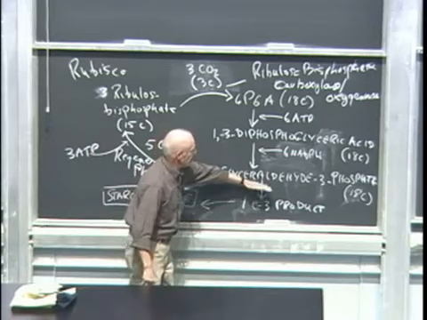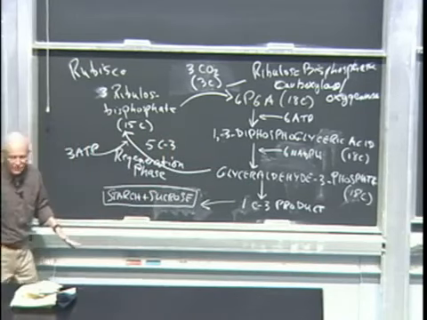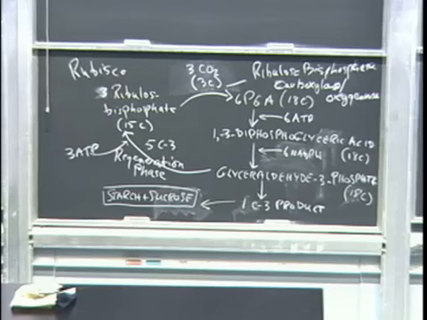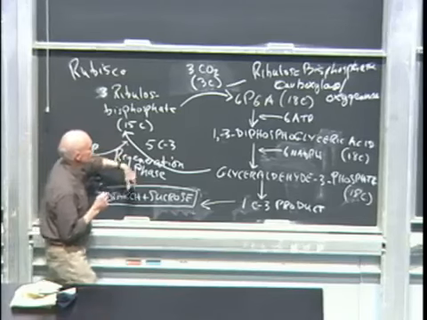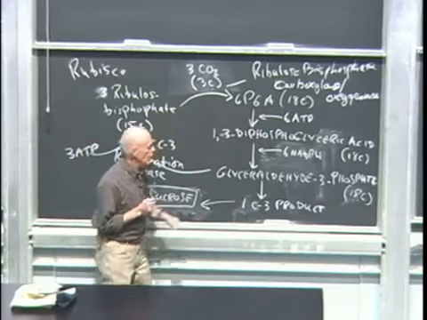I'm going to stop here and start to count carbons because this is what's important. This is a cycle. In order for the cycle to work, you have to regenerate the starting material, just the way you have to regenerate the starting material in the Krebs cycle, oxaloacetic acid. Here, you have to regenerate ribulose bisphosphate so it can react with CO2.